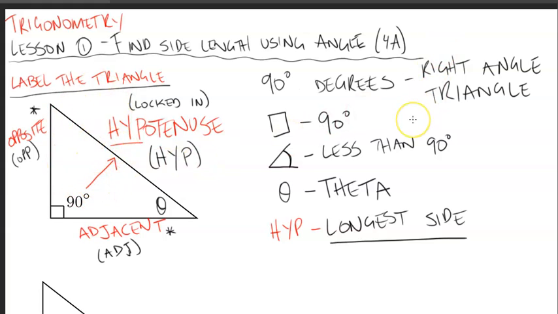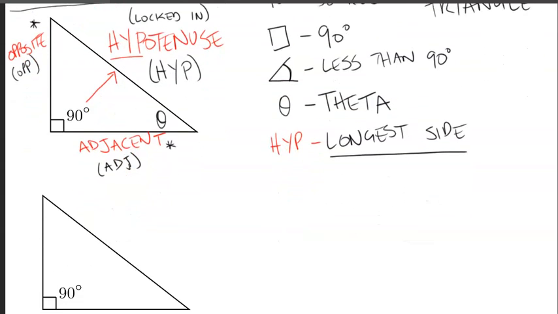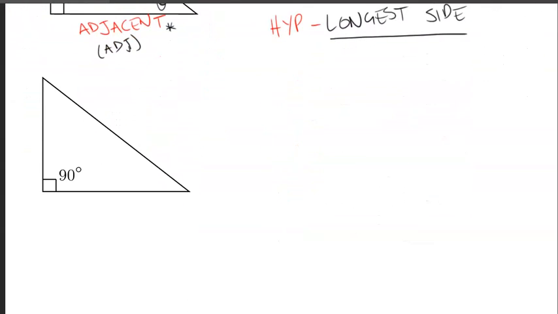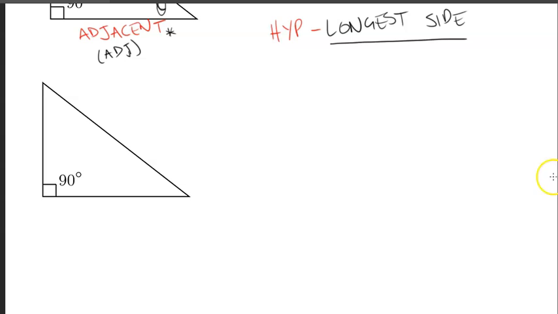Now we want to go into some trigonometric functions. Now it does sound very fancy, trigonometric functions, but all they are is trying to find some key terminology that we can use in order to determine how to find one of these sides if given an angle.